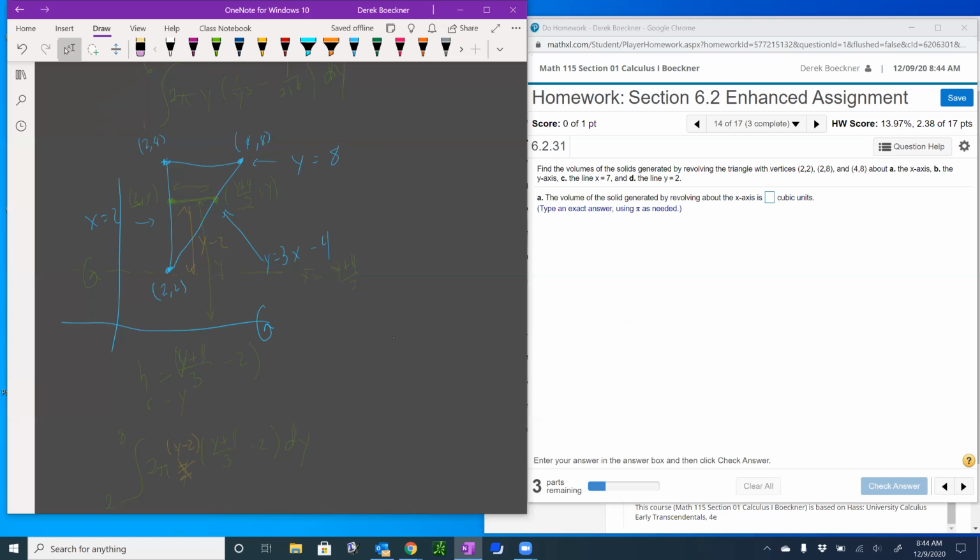Let's just keep this horizontal strip in there and try and rotate around x equals 7.